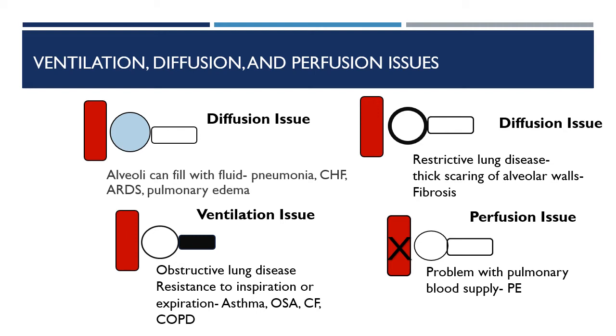That's a pulmonary embolus. That's a perfusion issue, right? There's no blood going to a section of the lung. Okay, and what that means is, even though that lung is receiving oxygen from ventilation, it's not going to receive perfusion to have proper gas exchange. Okay, so a pulmonary embolus is an example of a perfusion issue.